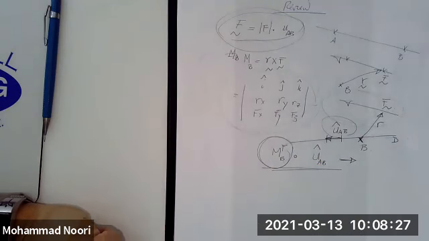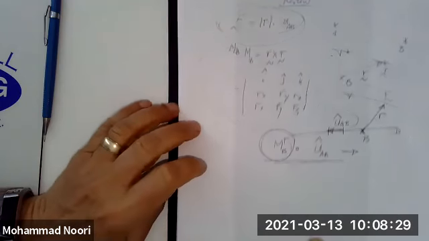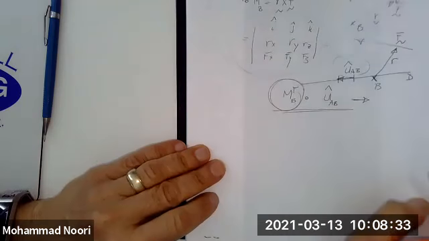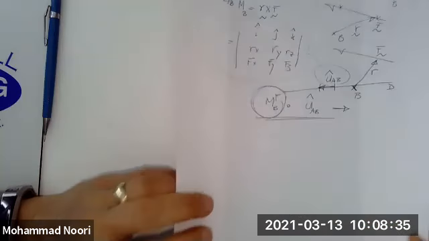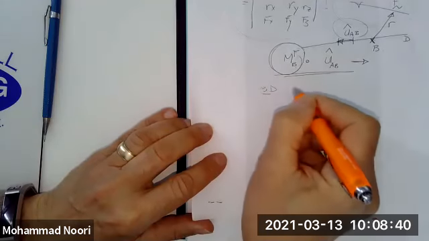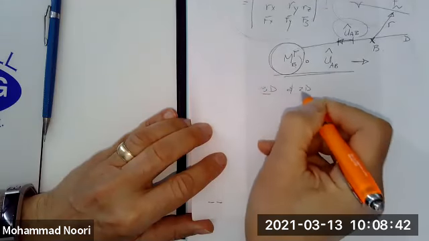So, what else we discussed? We discussed the equilibrium, rigid body equilibrium. And we covered that in both 3D and 2D, okay?